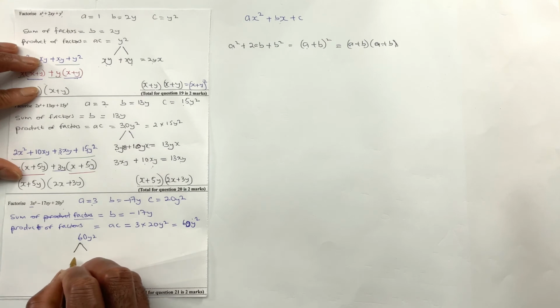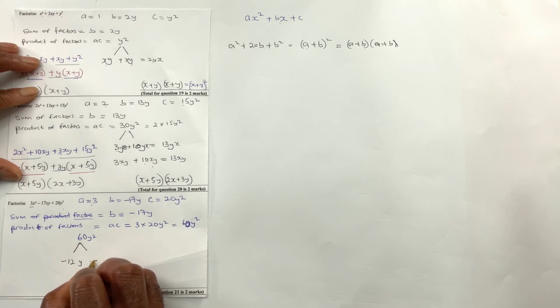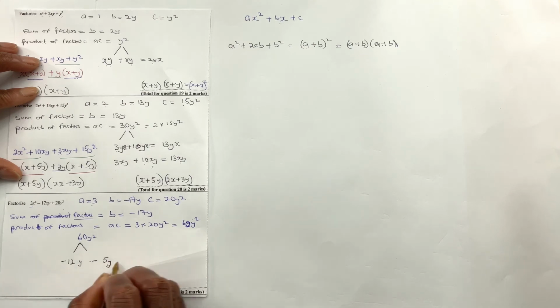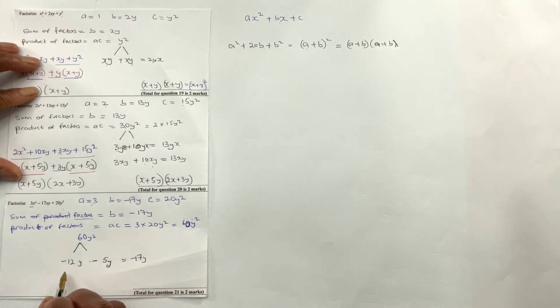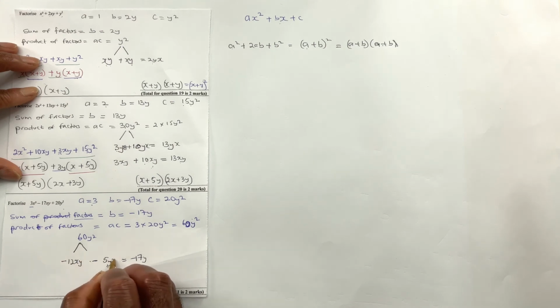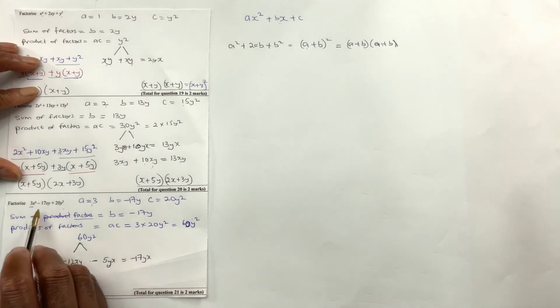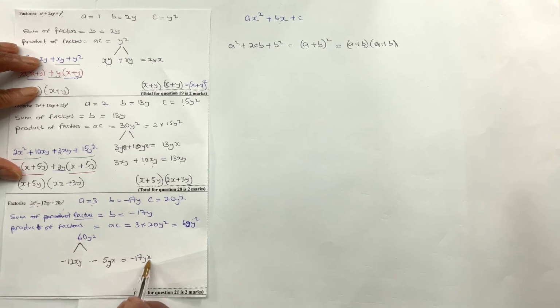So what I'm looking for is minus 12y and minus 5y, because that would give me minus 17y. And if I add x here, x here, x here, I will get minus 17xy. If I multiply 12 and 5, I get 60. Minus 12 times minus 5 is 60.